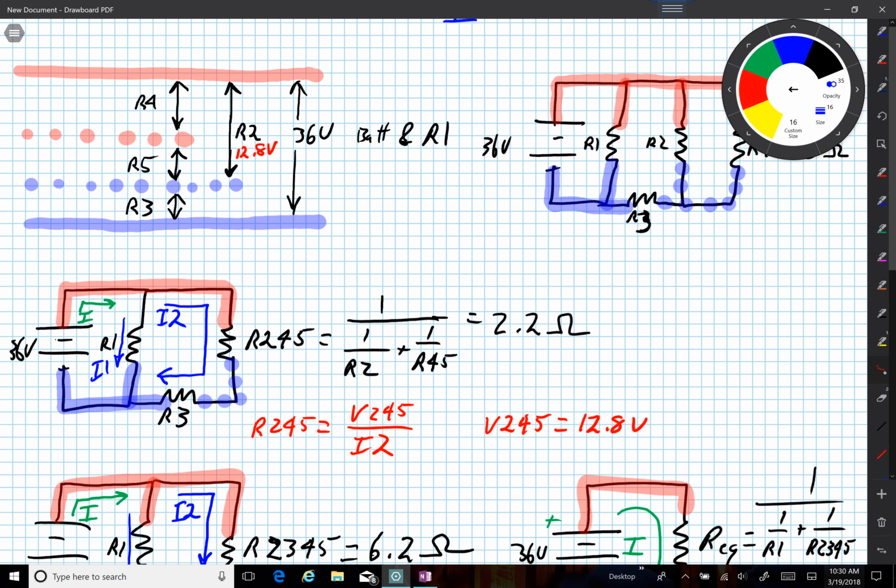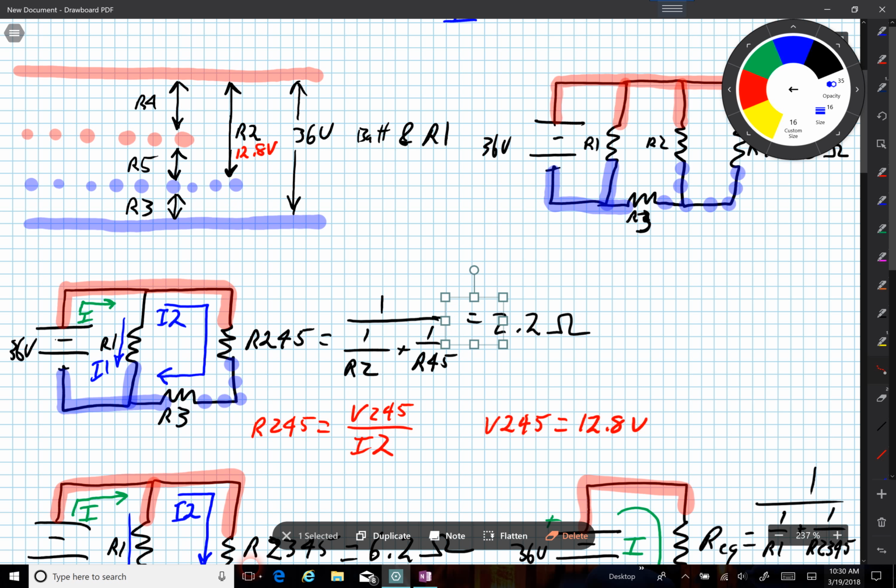I've just done it in two steps, two jumps. One jump is 12.8. That means the other jump has got to be 23.2.